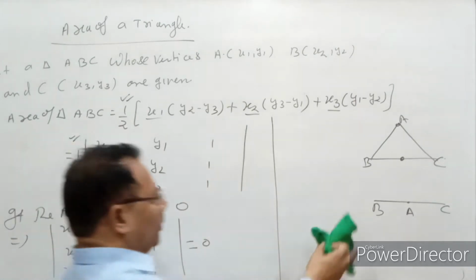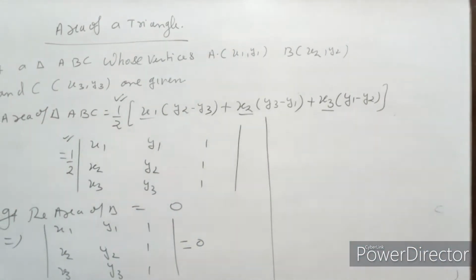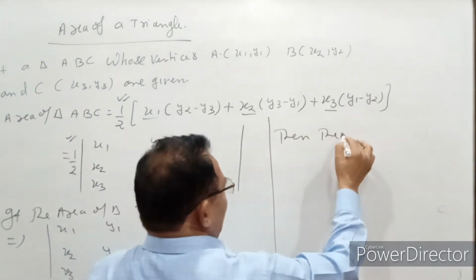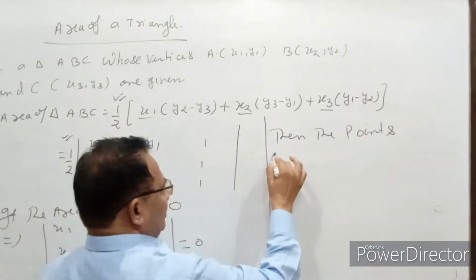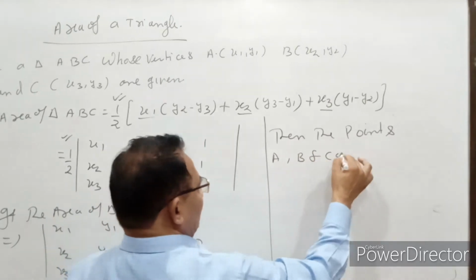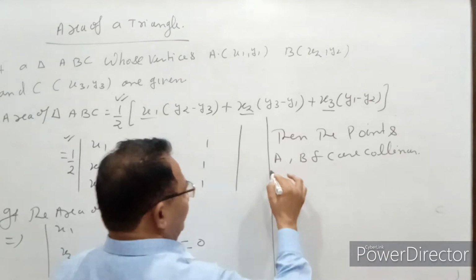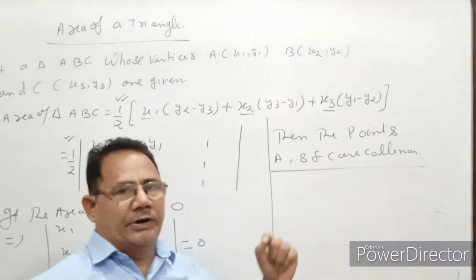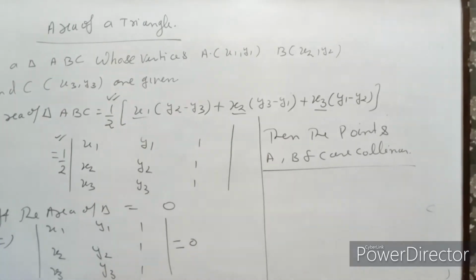If the area of the triangle is equal to 0, then we write that the points A, B and C are collinear. Therefore, the condition of collinearity of 3 points is that we evaluate the value of this determinant.